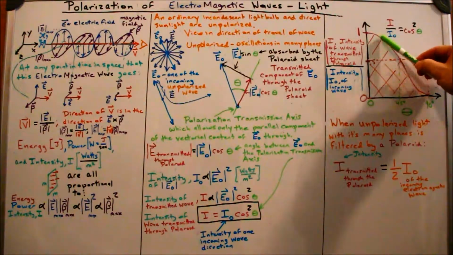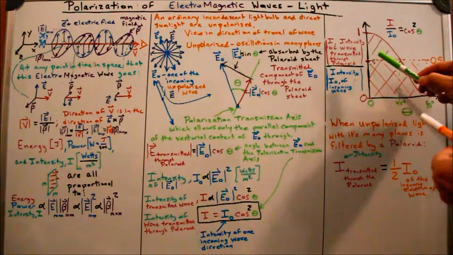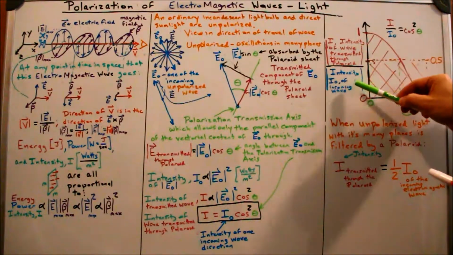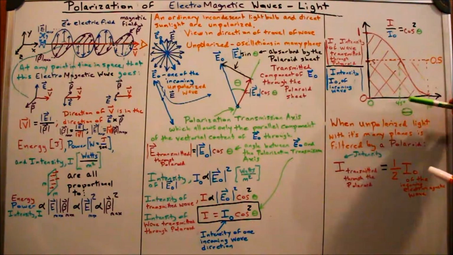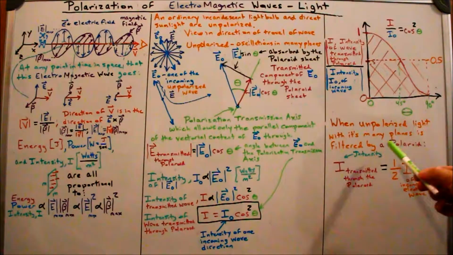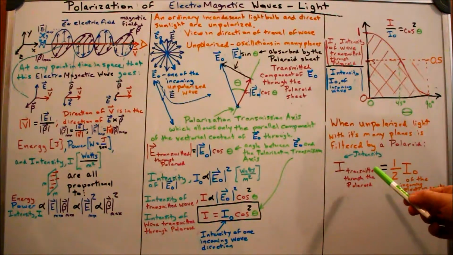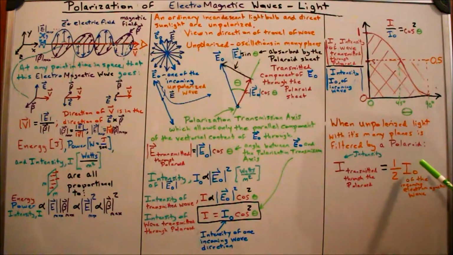And so therefore, if I integrate under this curve, I would get the average ratio of the intensity transmitted to the intensity incoming. And you'd see that would be half. So therefore, when unpolarized light with its many planes is filtered by a single Polaroid, the intensity transmitted through the Polaroid is 1/2 the intensity of the incoming electromagnetic wave.